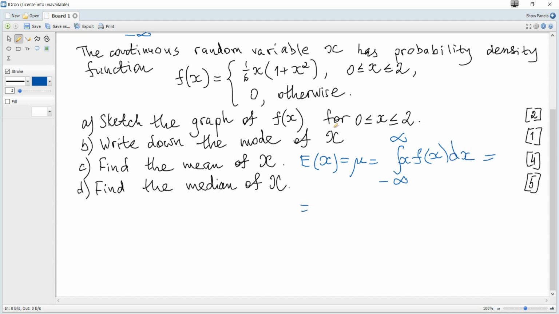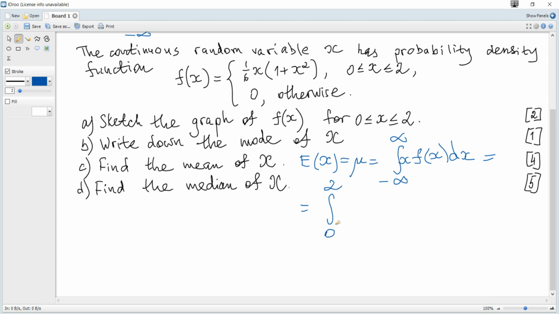And for this example, it becomes the integral over all possible x values from 0 to 2. And notice that in general it may be a piecewise function, so you should consider a sum of integrals over each interval of x values.